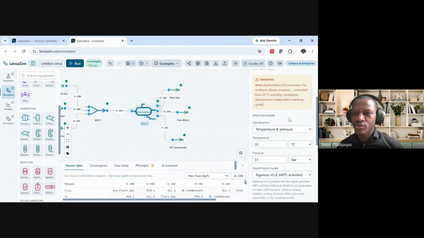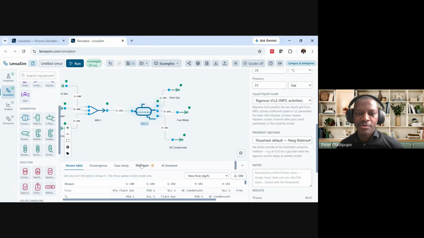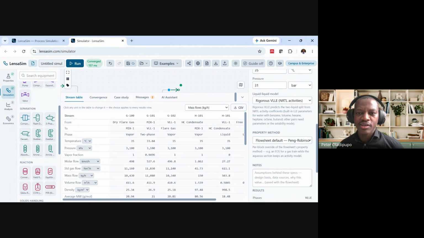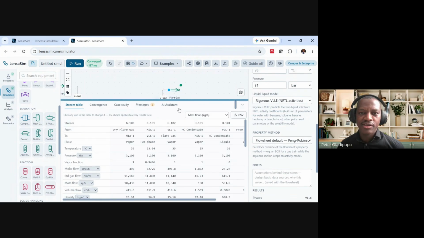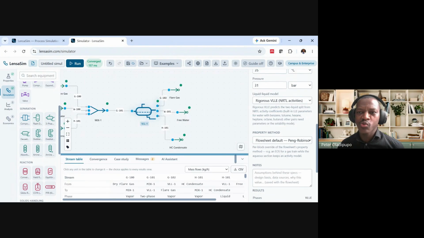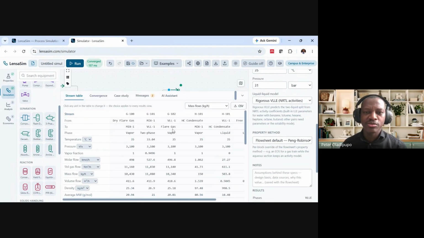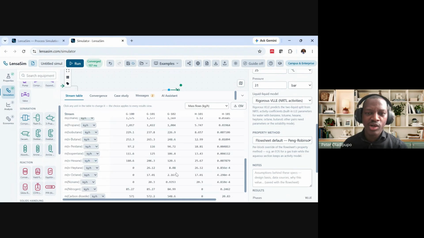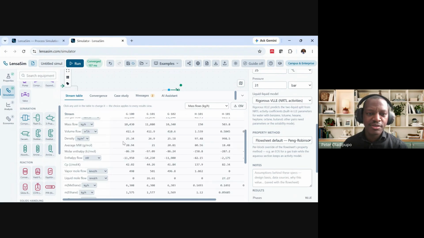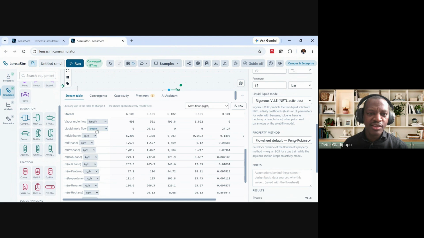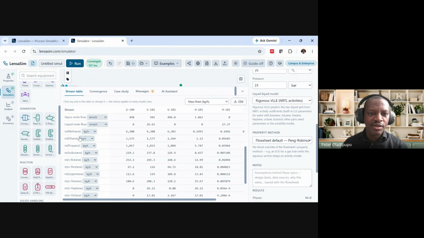Okay, that's been solved. Let's see what we have. We're going to look for G102, W101, and H101. Let's look at G102. You have methane coming in compared to G101 now. So of course, all the methane from G101 goes to the gas stream.